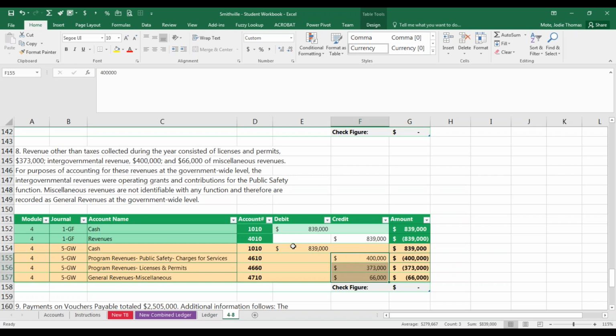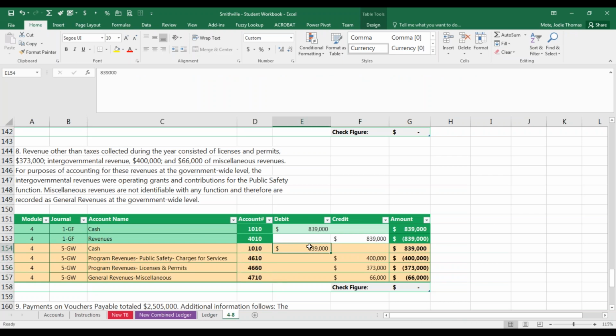Again, to show you, because in the government-wide journal, you'll notice in the application there is no subsidiary ledger, which is what you may be used to if you're out in the workforce, not really having a subsidiary ledger for each major account. You just have 6 different accounts for the different types of revenues. And that's what we have here in the government-wide journal.